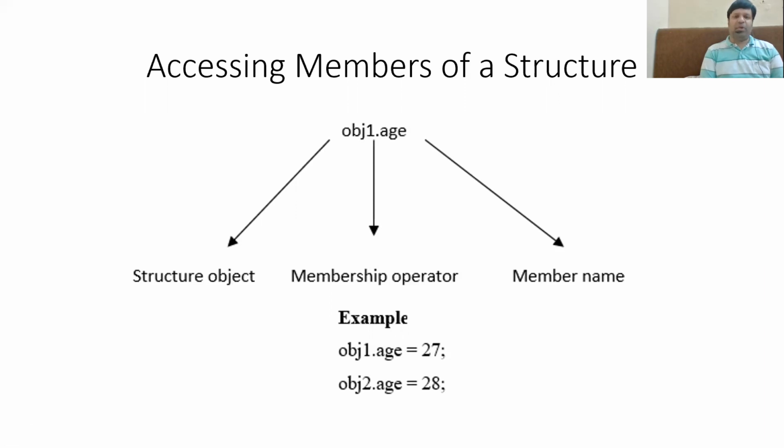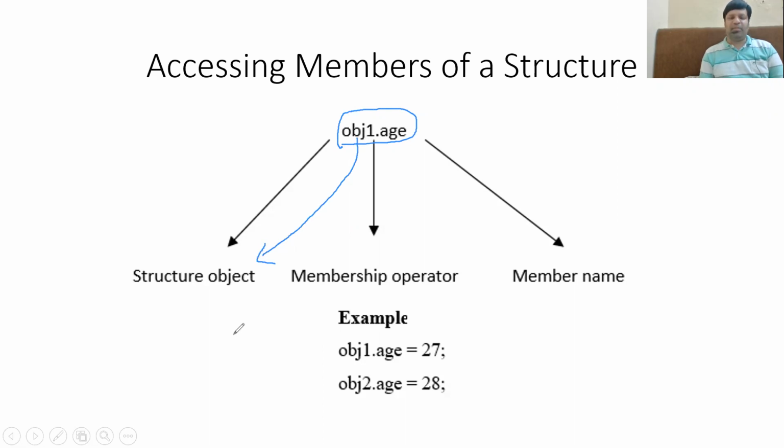The membership operator is used to explicitly indicate which data member or element you want to access using the object of the structure. So as you can see in this particular figure, obj1 is the name of the structure object.